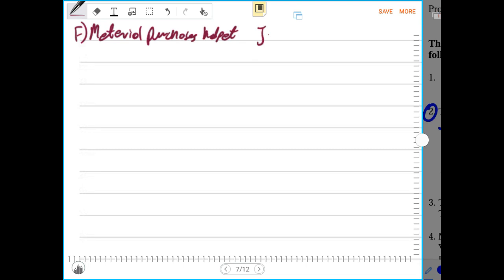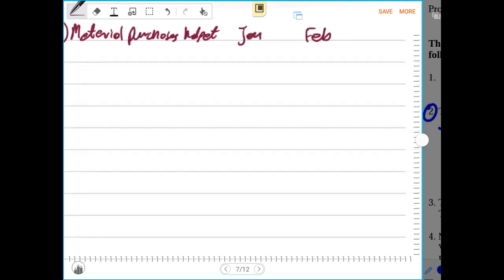And this is also for 3 months, the month of January, the month of February, and also for the month of March, which is for the full quarter. Remember, this is for the component material.